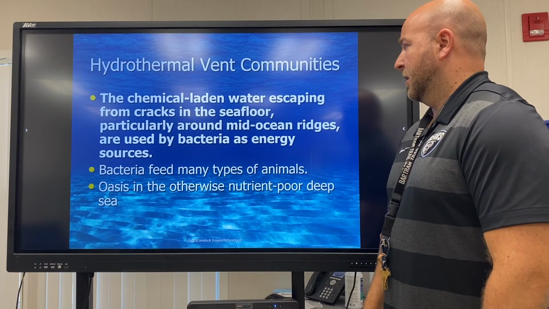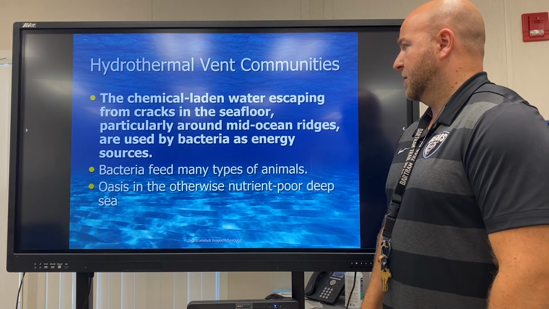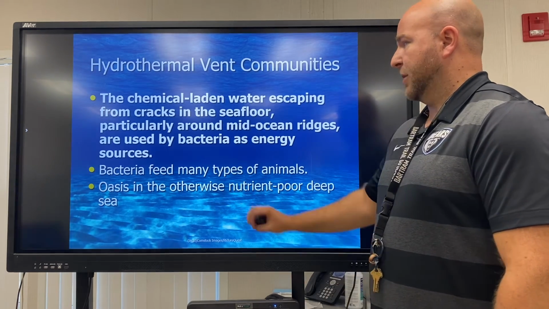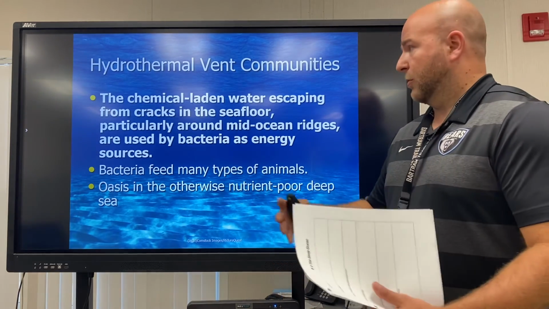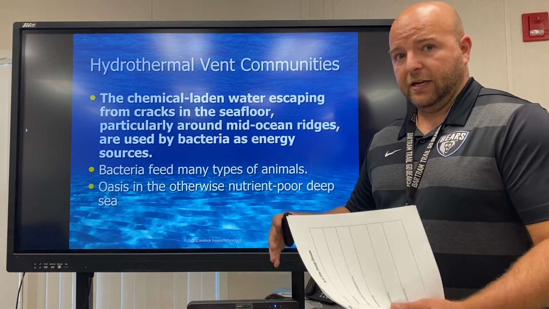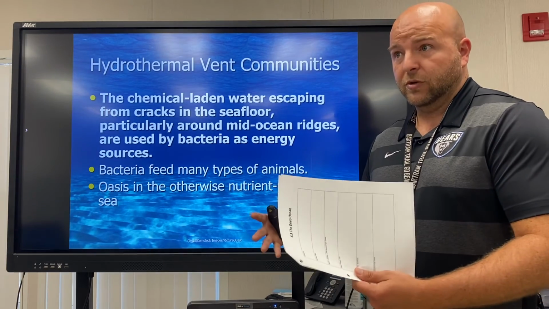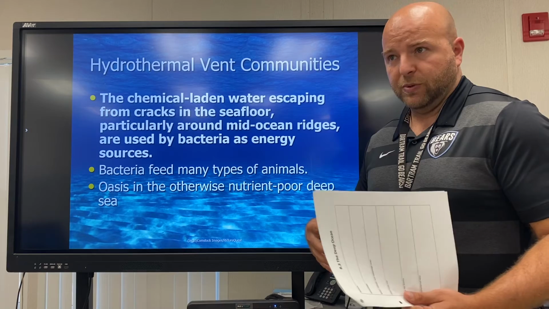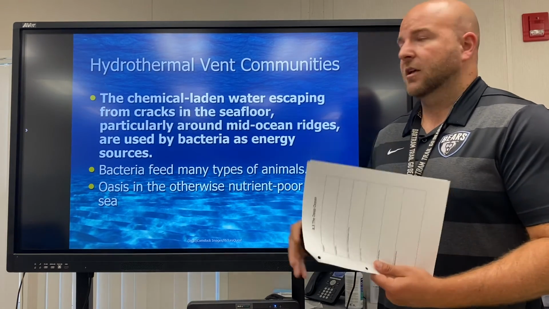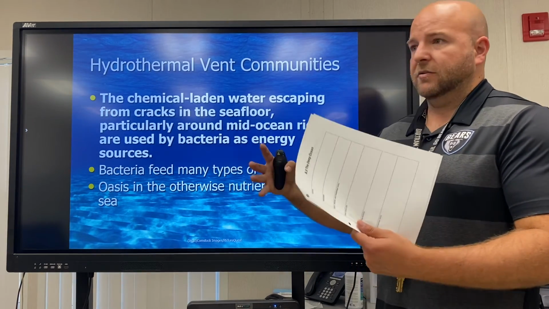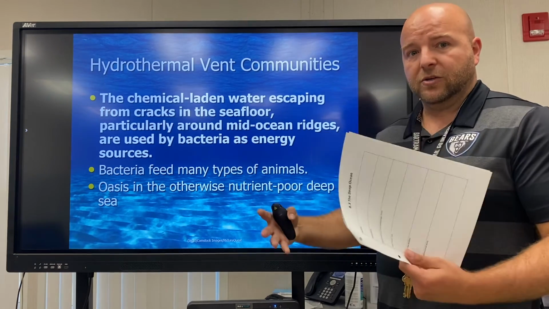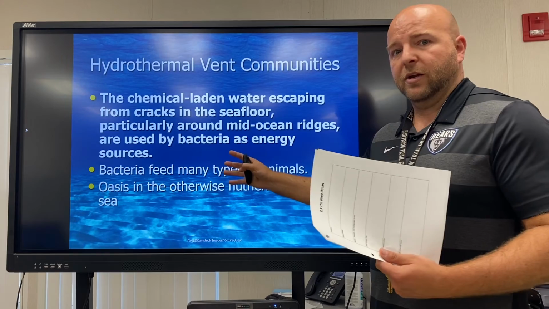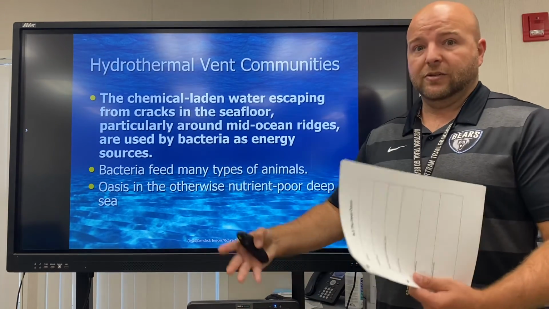There are some bacteria that can feed on that heat, kind of similar to photosynthesis, but instead they perform chemosynthesis. Like a plant taking energy from the sun and turning it into food, there are some bacteria that can take this heat and chemicals from a hydrothermal vent and turn it into energy.